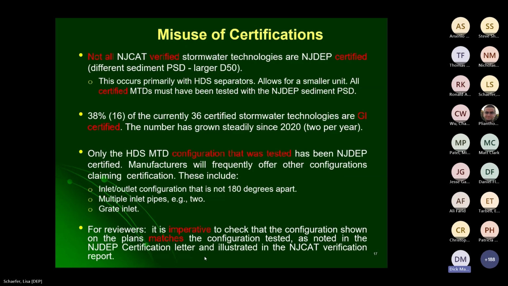Okay, none of those are certified, nor are they therefore usable in New Jersey. So it's imperative as reviewers that you check the configuration shown on the plans, that it matches the configuration tested as noted in the NJDEP certification letter and illustrated in the NJCAT verification report. Next slide.